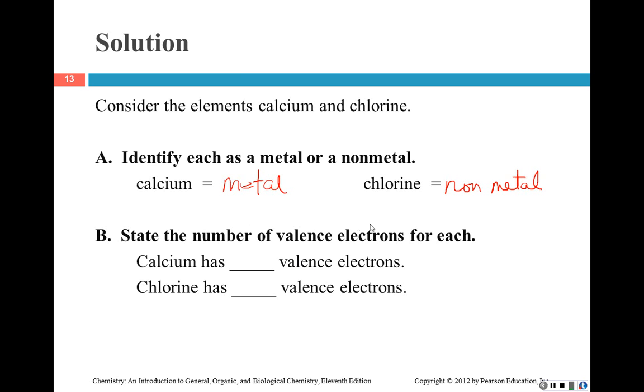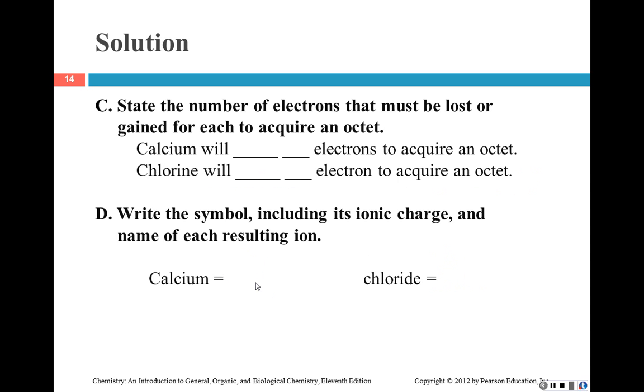Now, you can look at the group numbers to see what the charge is. Calcium is group 2A, and chlorine is group 7A, and so that tells us that calcium has 2 valence electrons and chlorine has what? 7 valence electrons. Very good. Part C of this was state the number of electrons that must be lost or gained for each to acquire an octet.